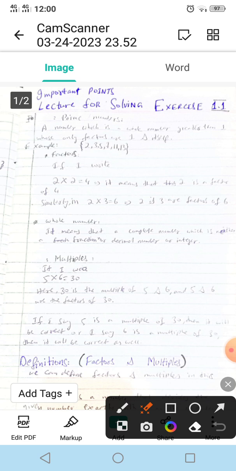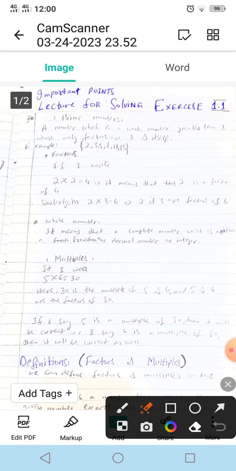Here I want to tell you about some numbers, some tricks. Prime numbers, right? A prime number is a whole number greater than 1 whose only factors are 1 and itself.